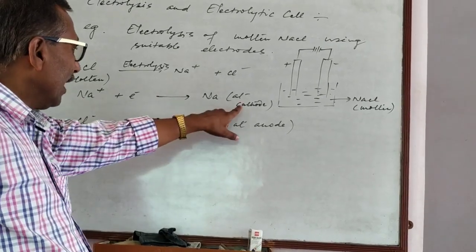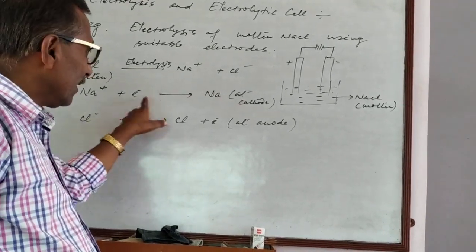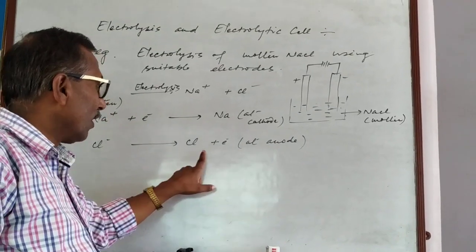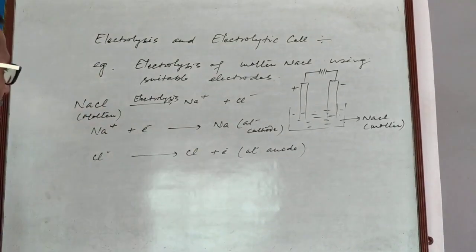Here also, at cathode reduction takes place and at anode oxidation takes place.